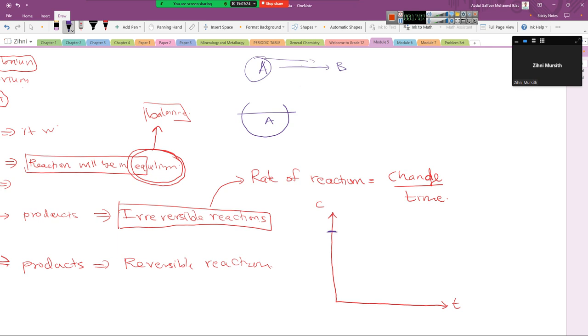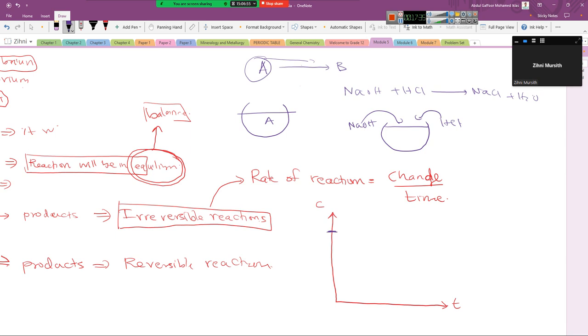Okay, now for example, if I have NaOH plus HCl becomes NaCl plus H2O, right? So now what I am going to do is take a beaker and mix NaOH and HCl, right? Now I am going to take a specific concentration of NaOH and a specific concentration of HCl.